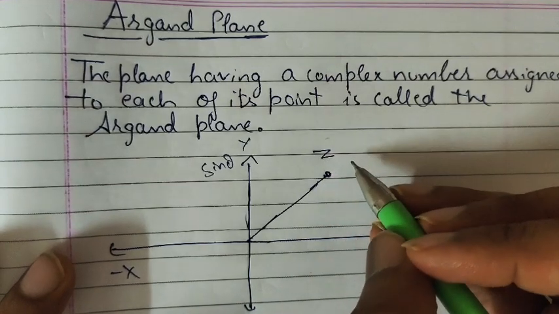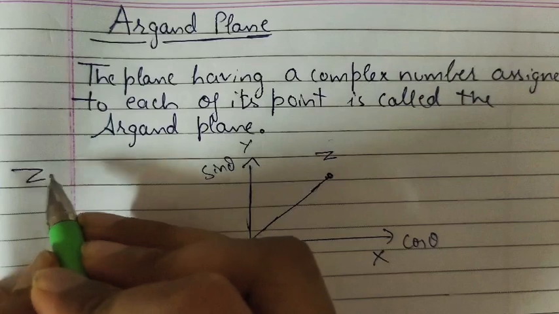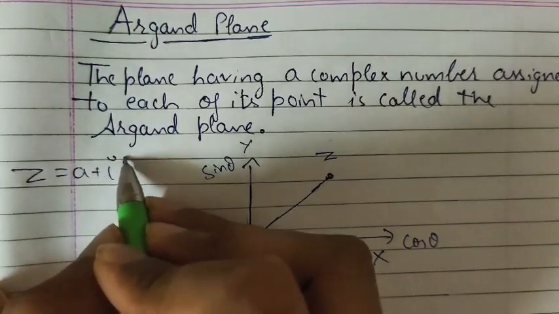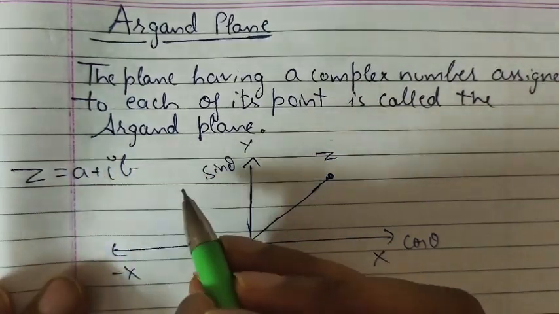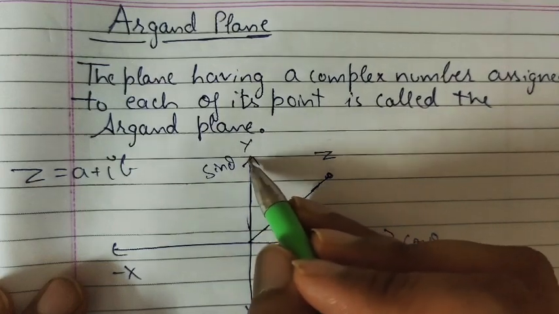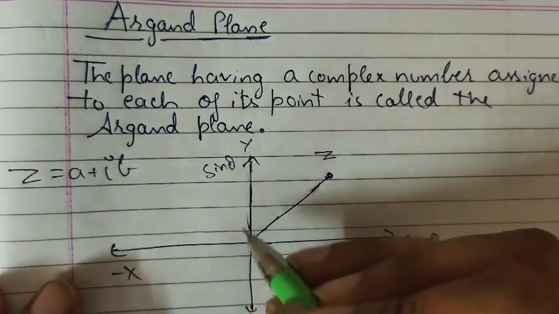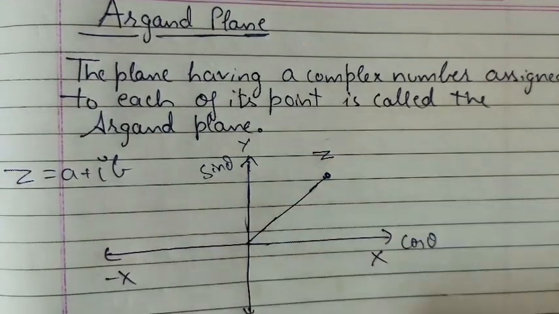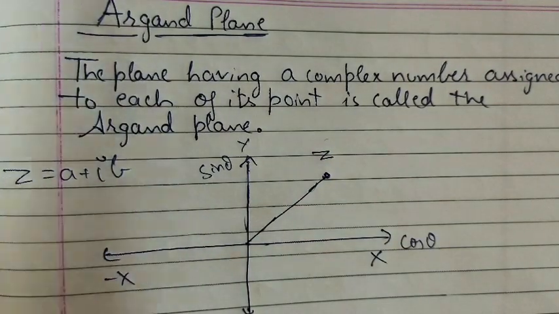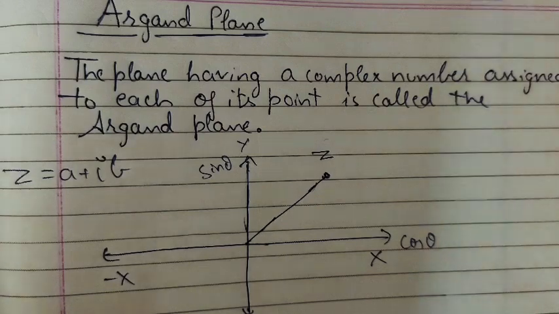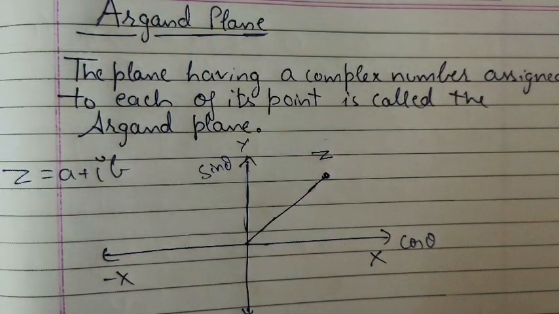The z value we know is a plus iota b. The imaginary part will always be considered on the y-axis, and the real part will always be on the x-axis. So we'll take the real part on the x-axis and the imaginary part on the y-axis.